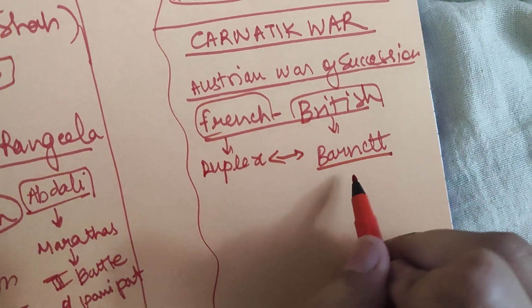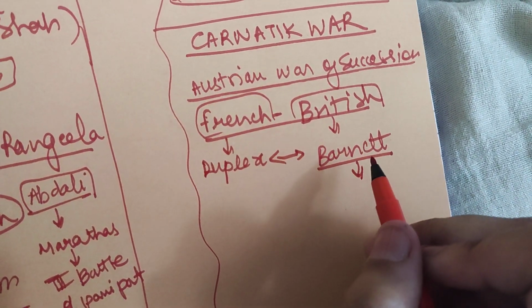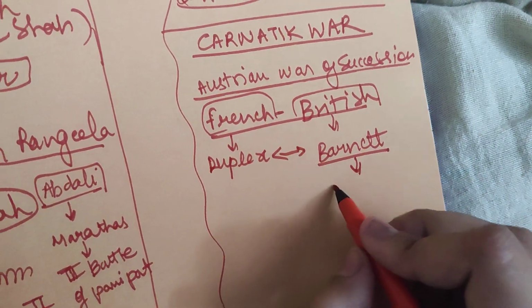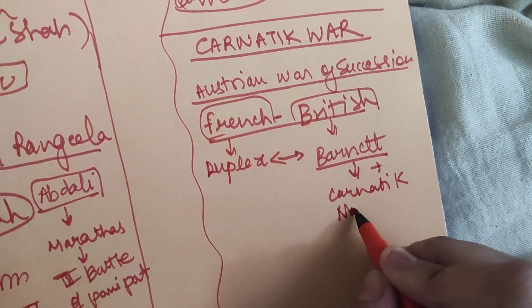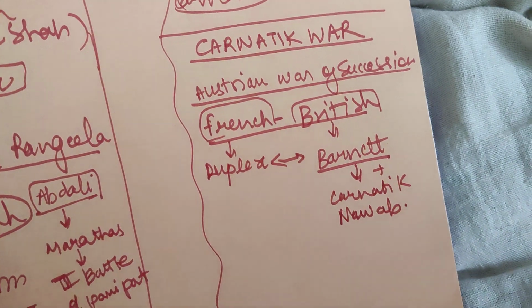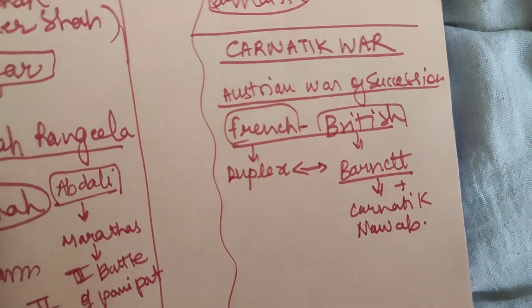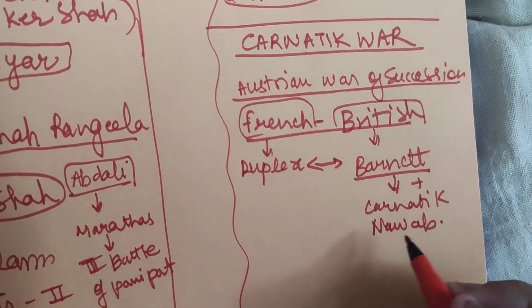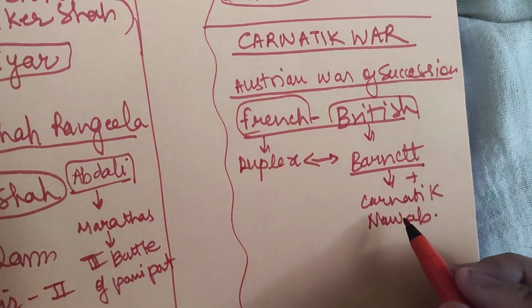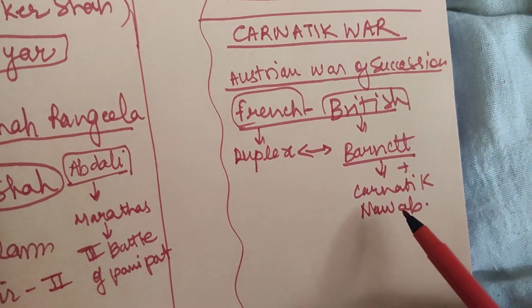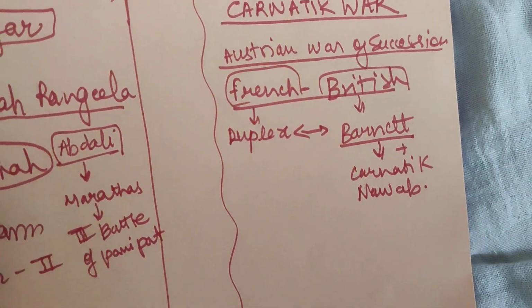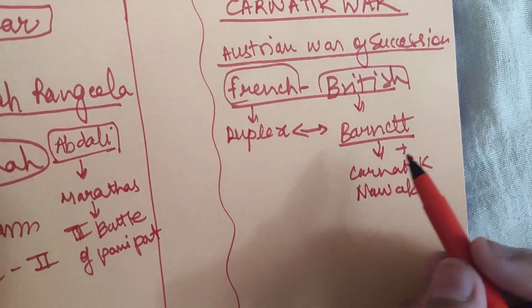Now Barnett took the help of the Carnatic Nawab. We already know what was the condition of the Mughals, they were already very weak, so of course they wouldn't be able to win that war.